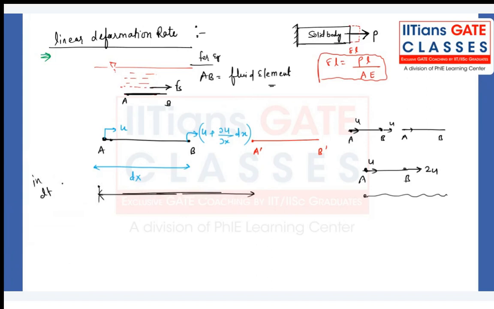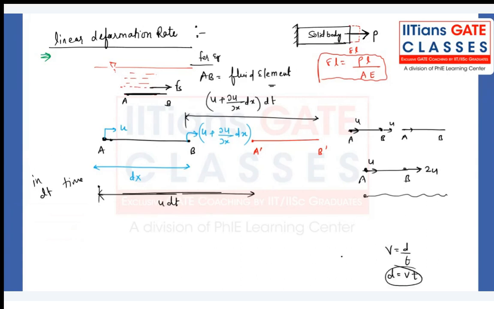In dt time, the particle A will travel u into dt. And what about particle B? Particle B would have traveled from here to here u plus dou u by dou x into dx into dt, because we know that velocity is distance by time, so distance will be velocity into time. So through that we are getting this.